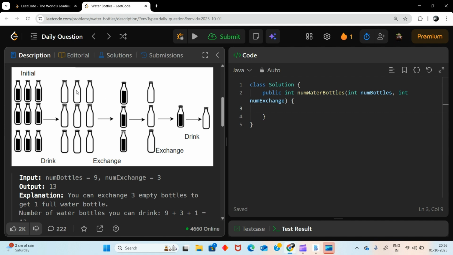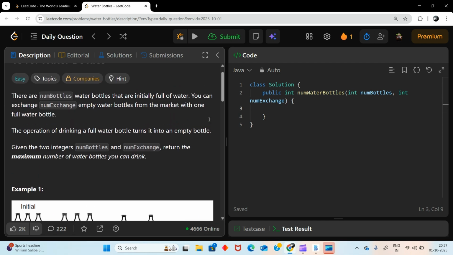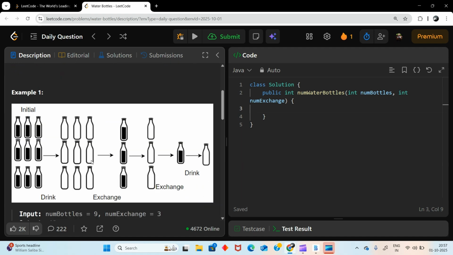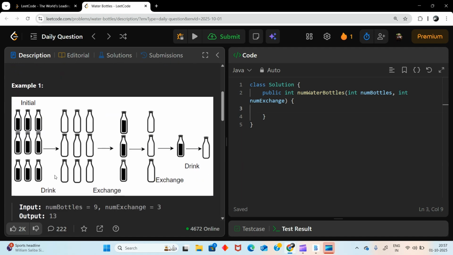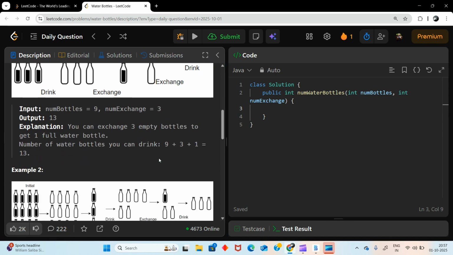So initially 9, using these 3 I can exchange for one full bottle. Then how many can I get? 3. Again I'll empty these 3, and I can get one. Again I can empty this. What we have to return is the maximum number of bottles you can drink, which is 9 plus 3 plus 1, that is 13.